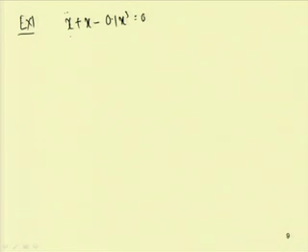We put x double dot equal to 0, and the remaining terms can be written as x minus 0.1 x cube equal to 0, which gives x into (1 minus 0.1 x square) equal to 0.